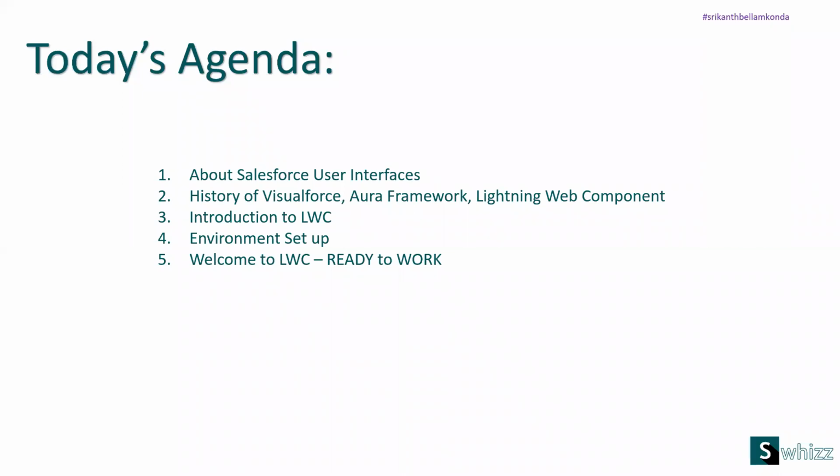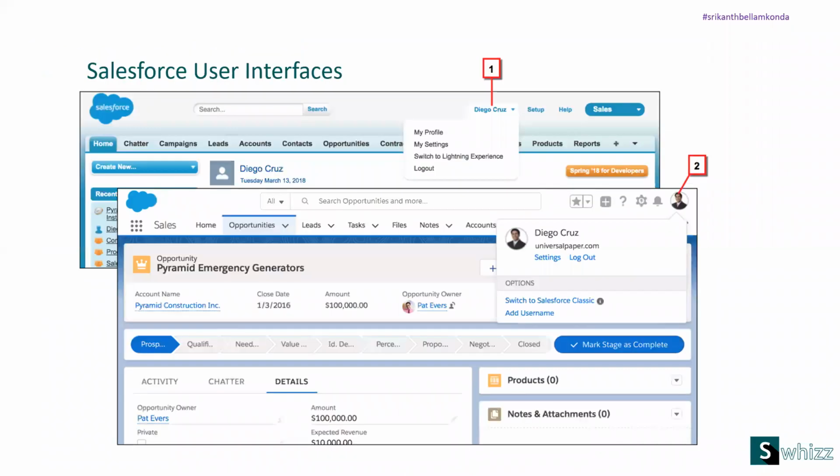As you know, when it comes to Salesforce user interfaces, you know about Classic and Lightning Experience. You already experienced these two interfaces, but it's a right time to expose you one more time. Salesforce came into the market around 2000 with this Classic interface.